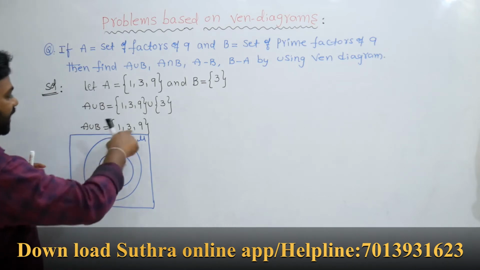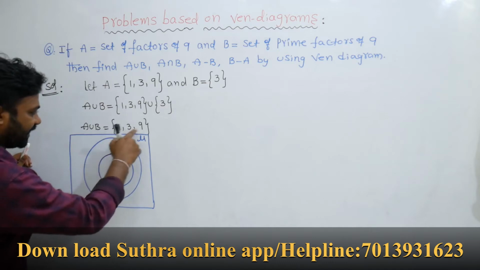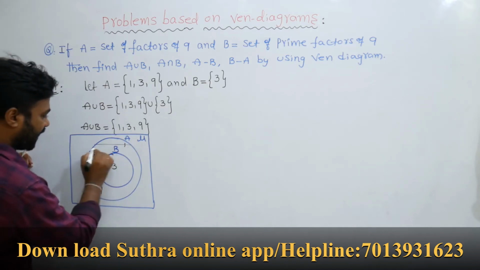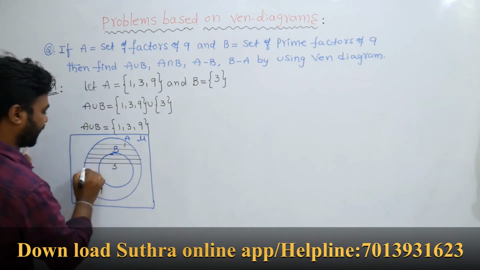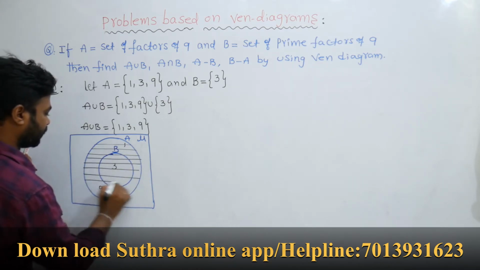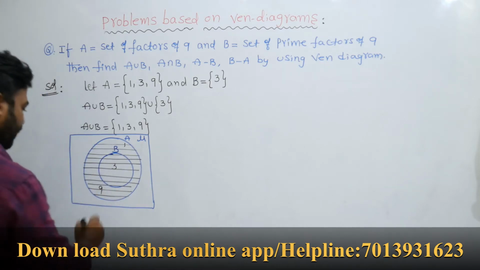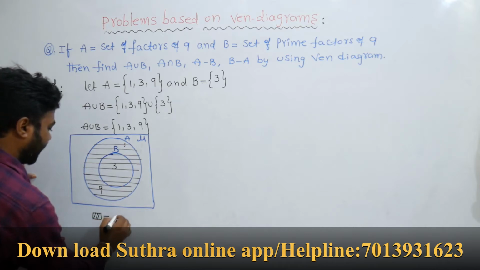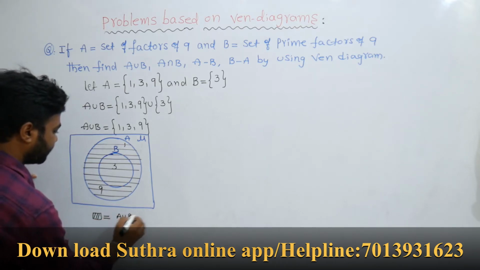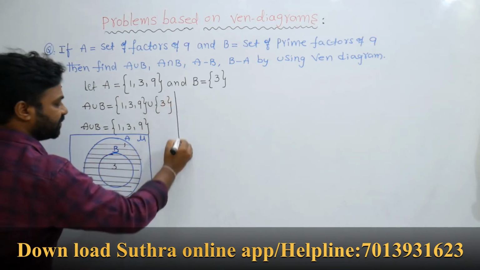Now A union B we have to shade. This total part is 1, 3, 9, so the total part is A union B. This part is the A union B part. The shading part represents A union B.